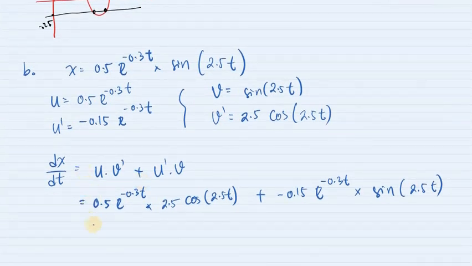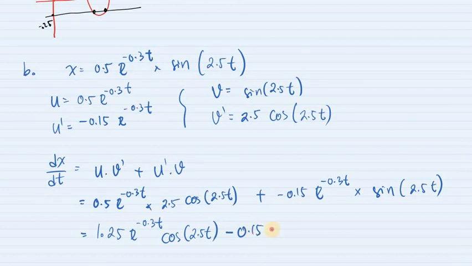What do we have? Equals 0.5 times 2.5, we will have 1.25 e to the power of negative 0.3 t cos 2.5 t, minus 0.15 e to the power of negative 0.3 t sin 2.5 t.